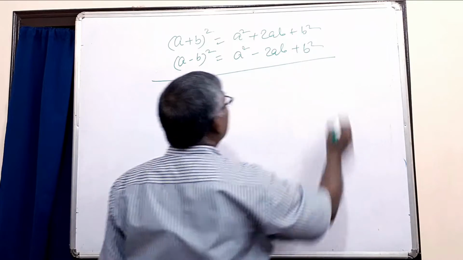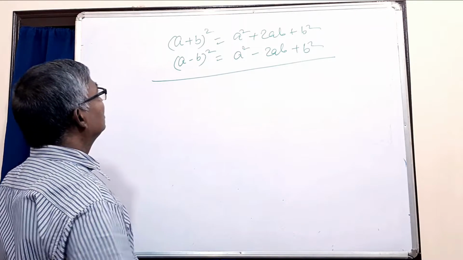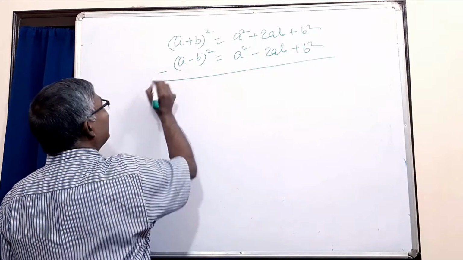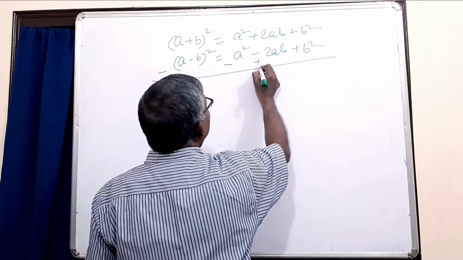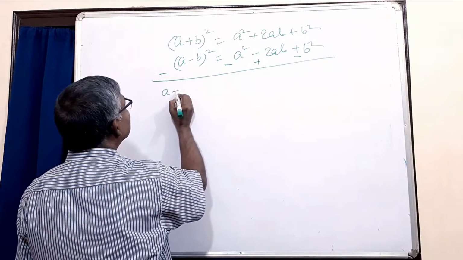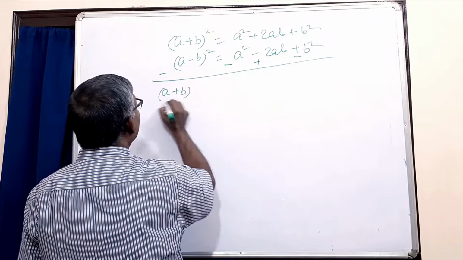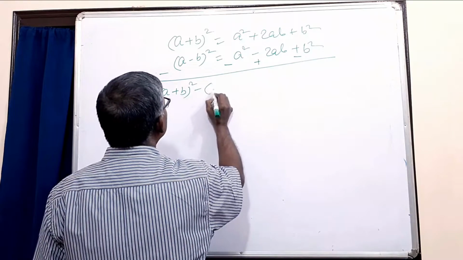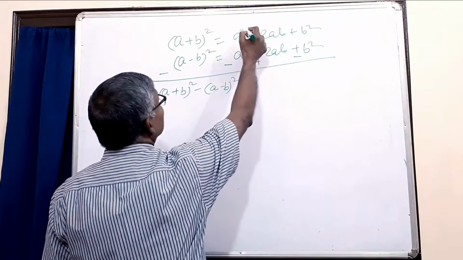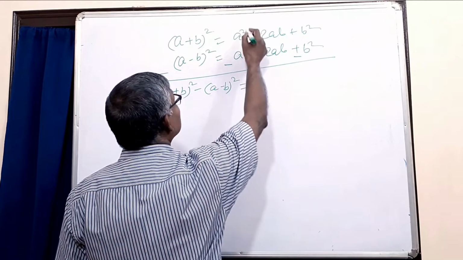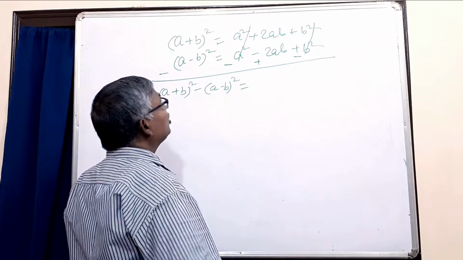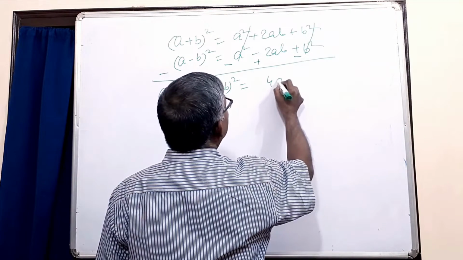Now let us subtract both the sides. Here if we subtract, here will be minus, here will be minus, here will be plus, and will be minus. So it will be a plus b whole square minus a minus b whole square equals to a square plus a square minus a square, it will be cancelled, and plus b square minus b square, it will be cancelled, it will be 4ab.